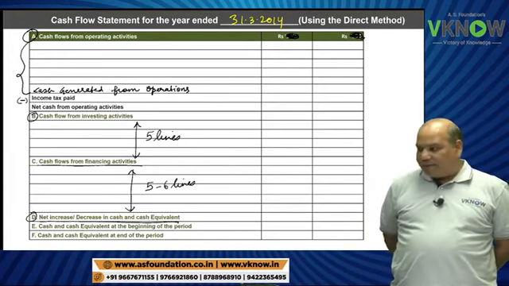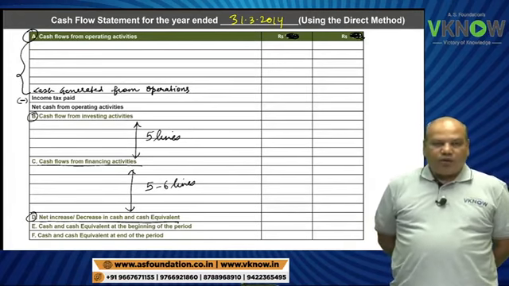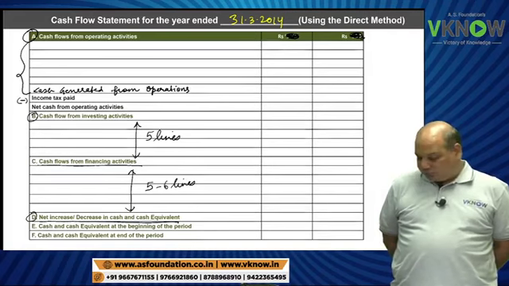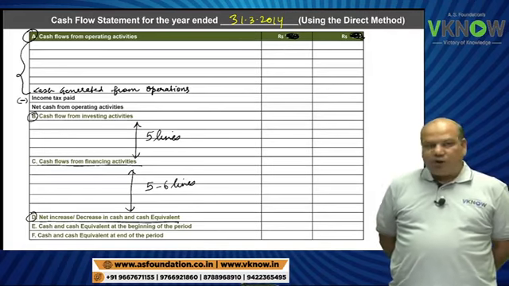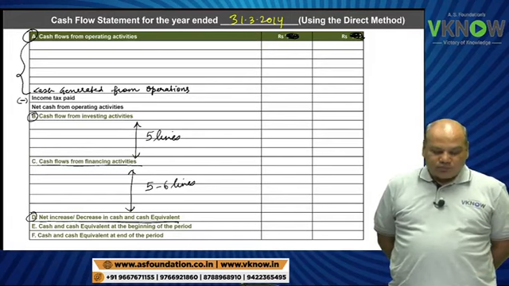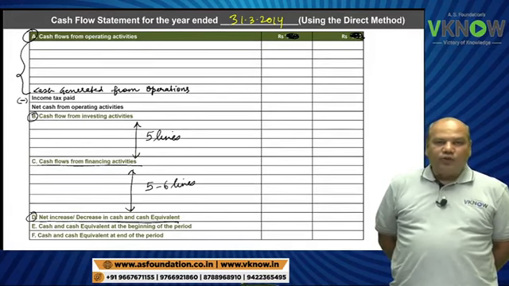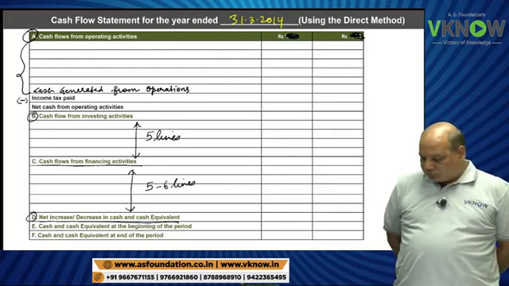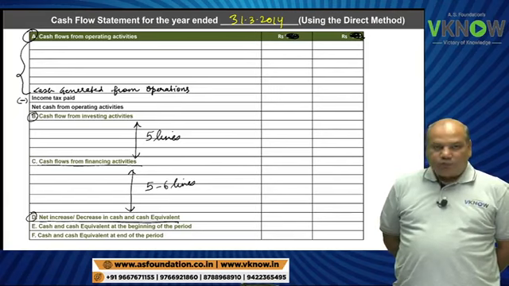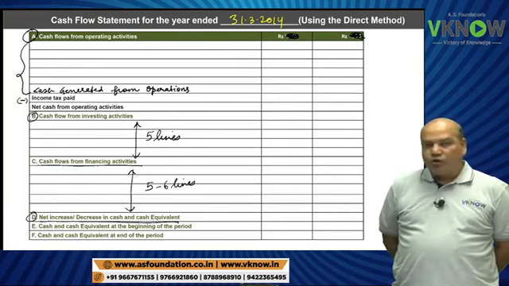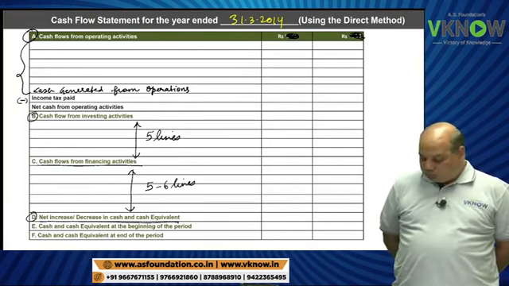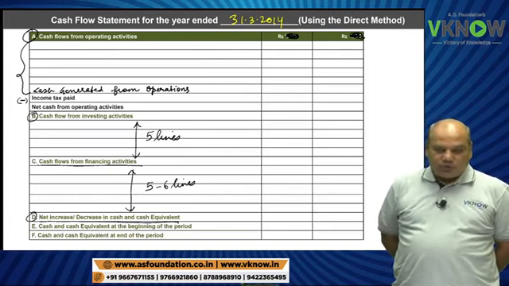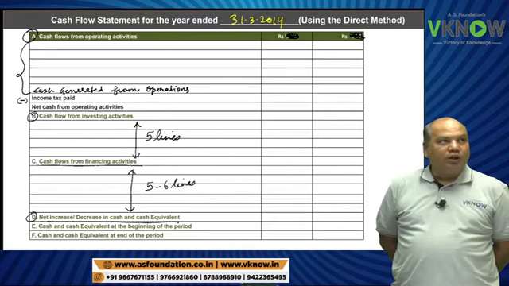Point number E, cash and cash equivalent at the beginning of the period. Point number F, cash and cash equivalent at the end of the period.